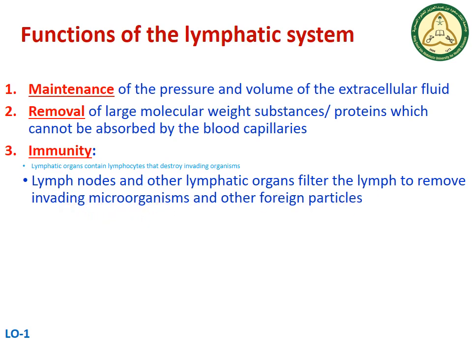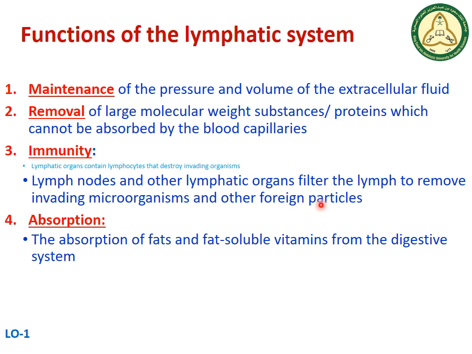Because if there is any injury to the tissue, foreign particles, bacteria or foreign antigens can enter into the tissue because the skin is broken, so everything can go inside the body. Those things are also drained out by the lymphatic system. That's why this system is very important to remove either the microorganisms or the foreign particles.